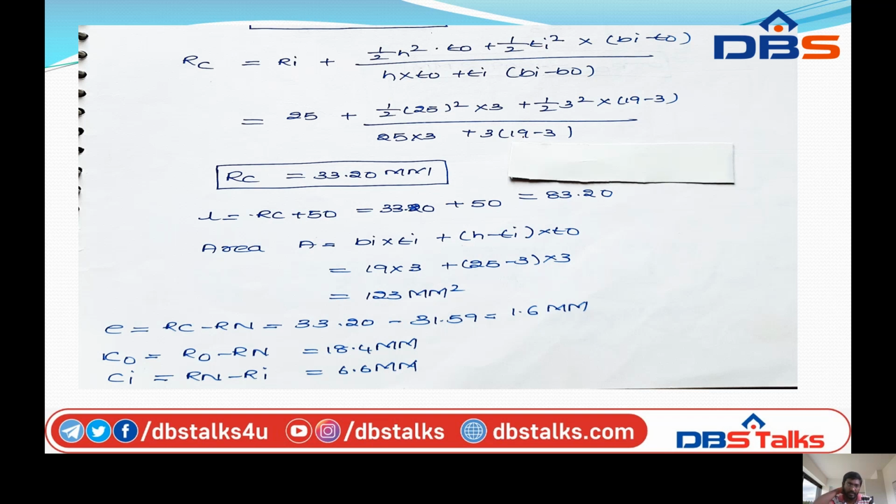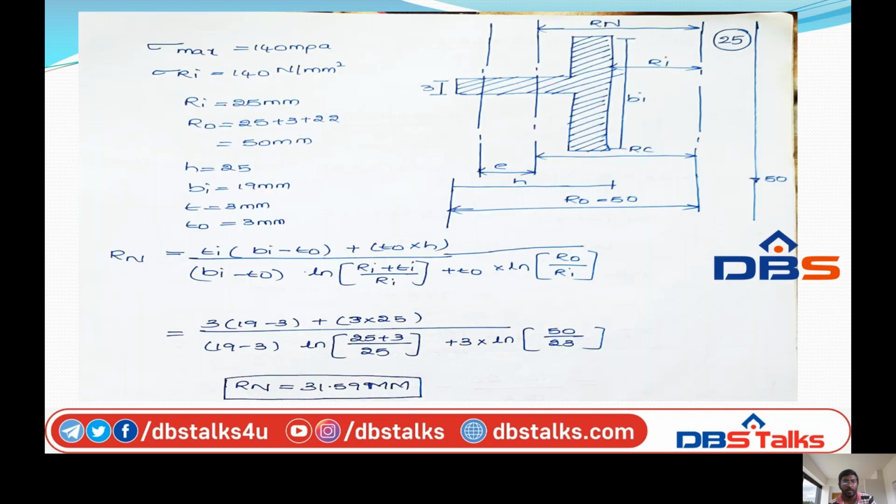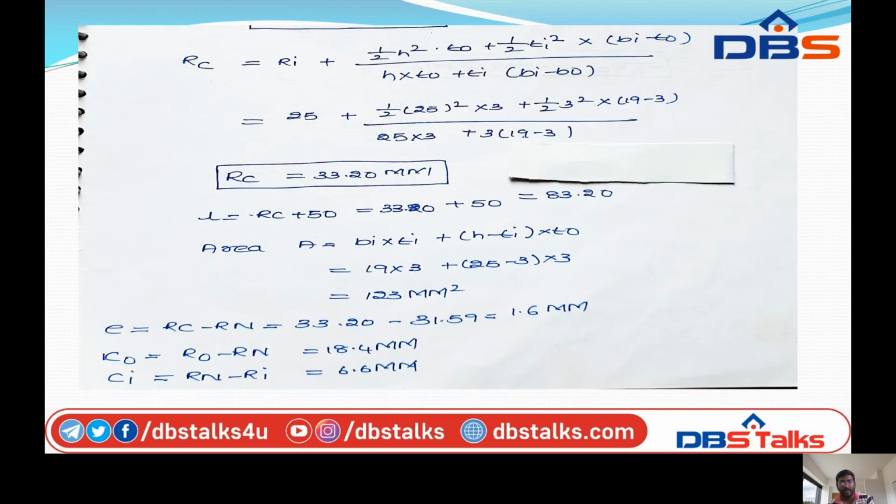Next we can calculate Ci, the distance between neutral axis to inner fiber, Rn minus Ri. So Rn 31.59 minus Ri, the radius of the inner fiber, which is 25 mm. So 31.59 minus 25 is equal to 6.6 mm.